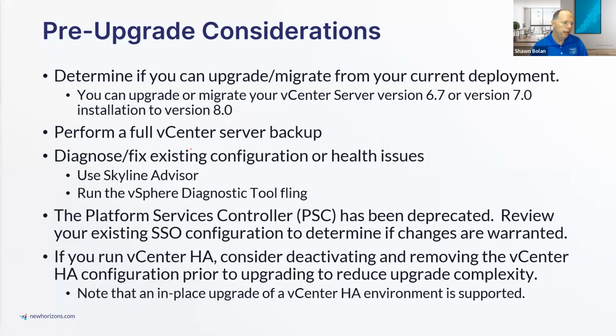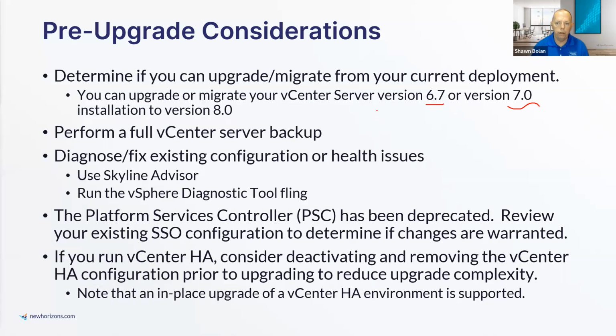First of all, in order to do a direct upgrade to vSphere 8, you must be running either version 6.7, that's the oldest version you could run, or any of the 7.x versions. Where that is significant is for companies who have not upgraded or migrated in a while.